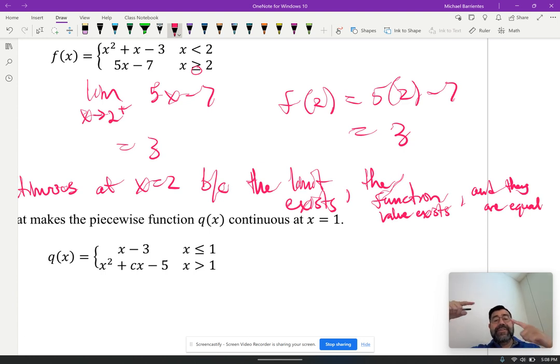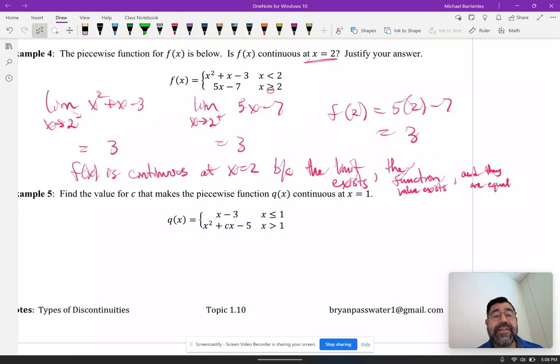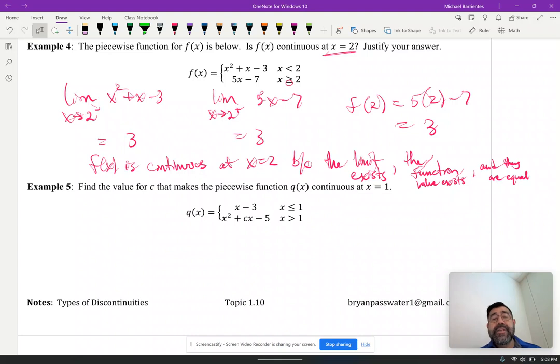I know where my graph is supposed to go. I know that there's a point at that x value, and that point matches where it's supposed to go. So everything gets connected and continuous. This is a common question, usually on the multiple choice test, of confirming the continuity or checking the continuity of a piecewise function.